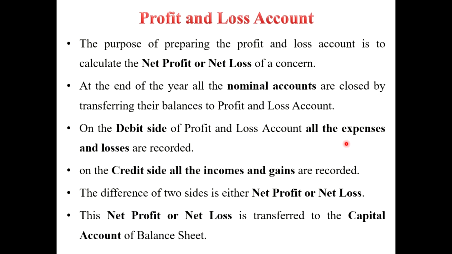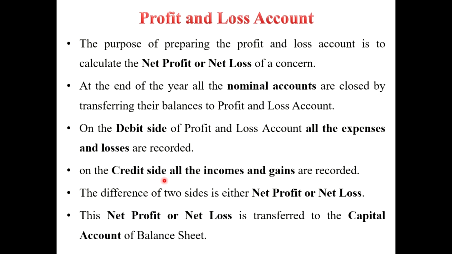On the credit side, all the incomes and gains are recorded. Here income refers to operating income and non-operating income. Operating income refers to the income earned from the operation of the business.